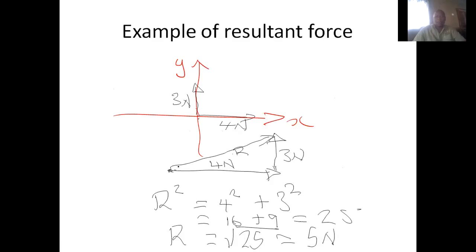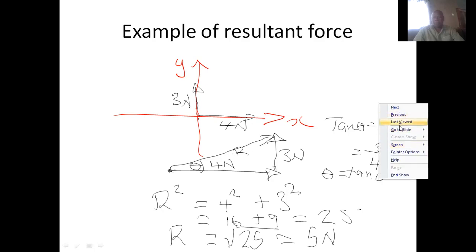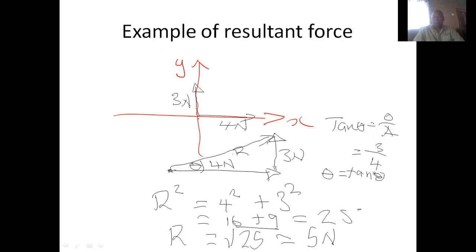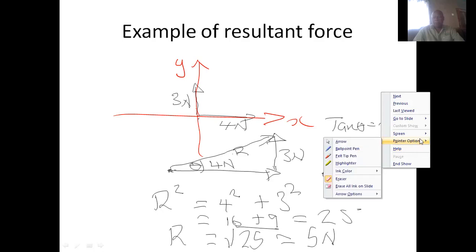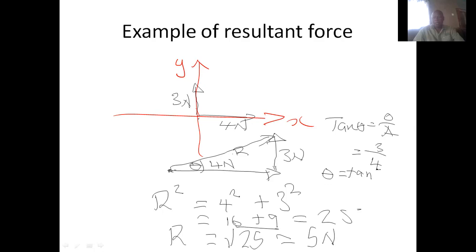Similarly, even here, we can actually get the direction of this resultant by saying that tan theta is equal to opposite over adjacent, which is equal to the opposite, which is 3 divided by 4, which we can get now the angle by saying tan inverse of 3 over 4.